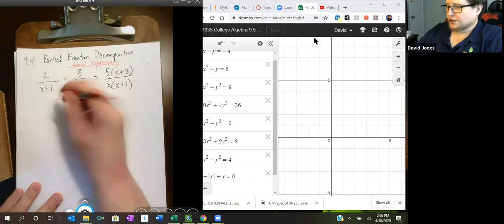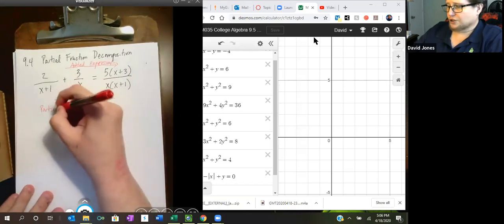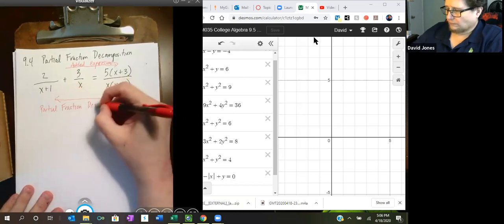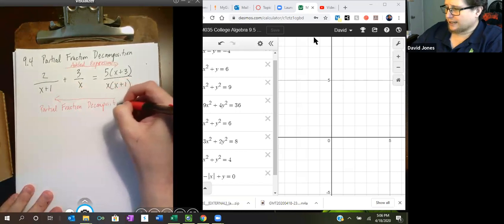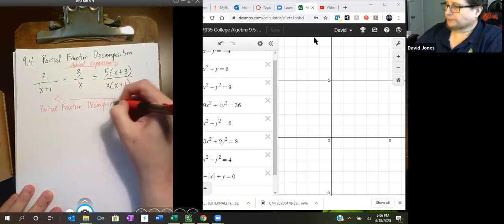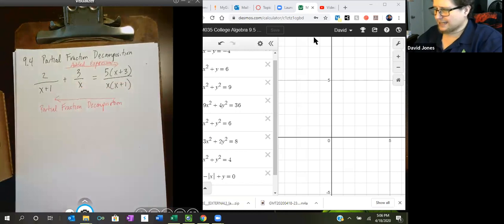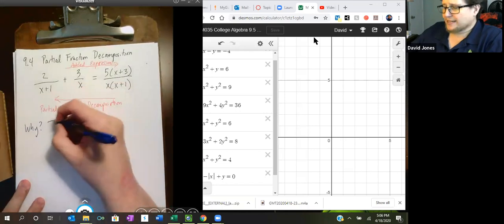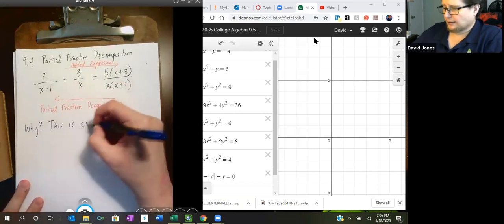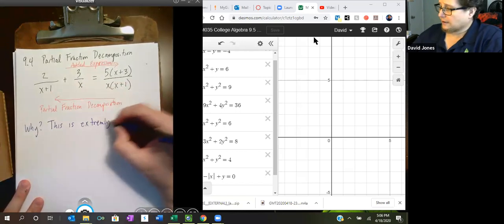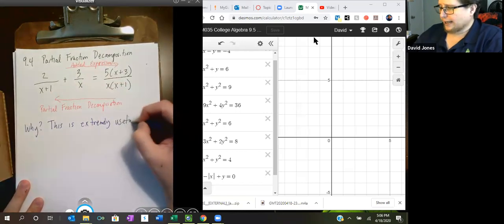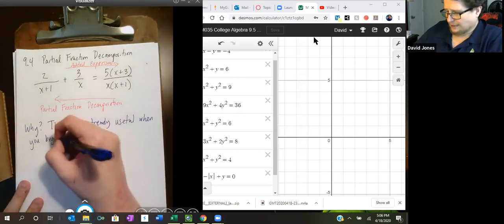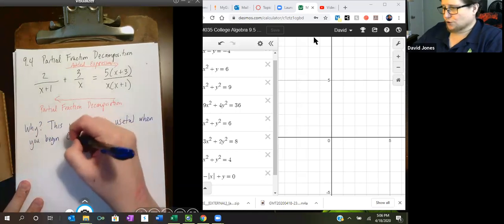Going from left to right, we added the expressions. Going the other direction is called partial fraction decomposition. So there's a way to tear these fractions apart. Why do you ask? This is extremely useful when you start integrating in Calculus 1 or 2, depending on what school you attend.